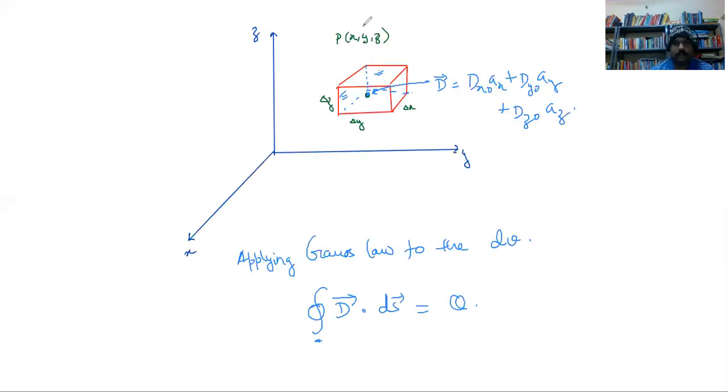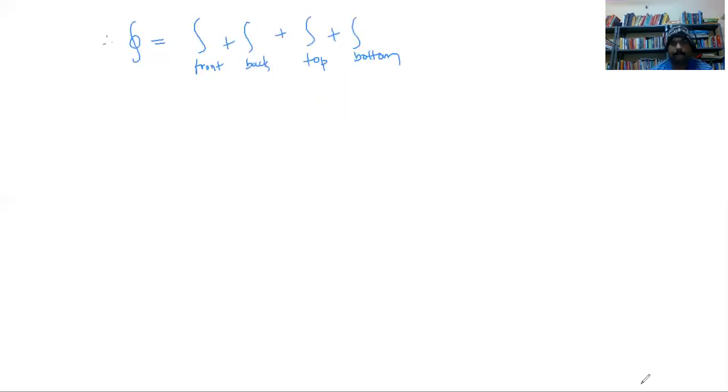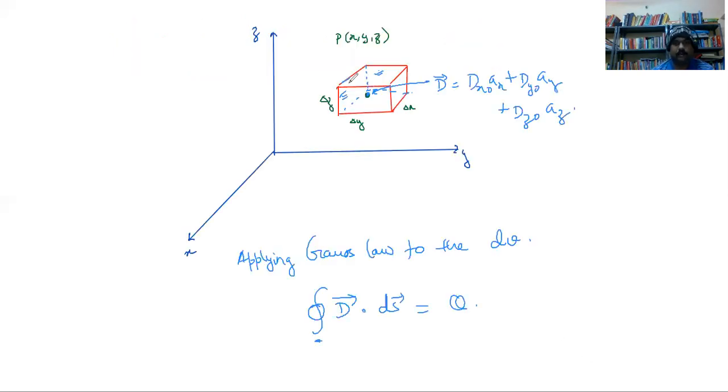Then the left surface plus the right surface. So the whole integral is made up of 6 surfaces: top, bottom, left, right, front and back.